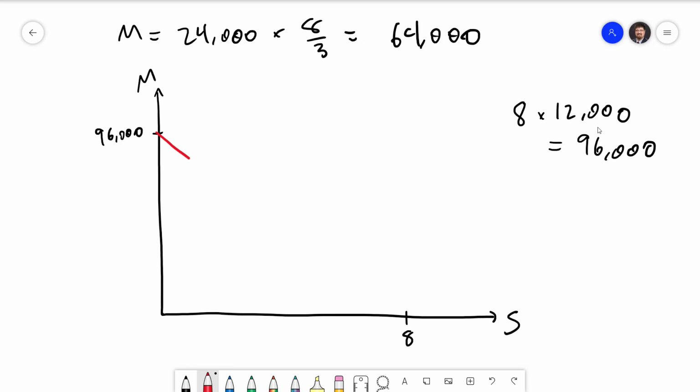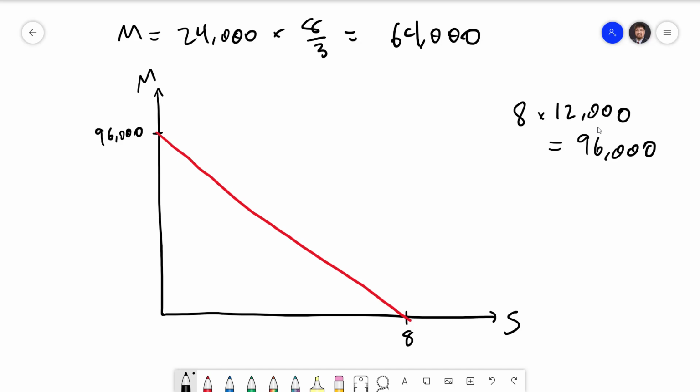Use a red line to draw in our budget line. Note that there is now a trade-off between shirking and income, unlike with the fixed salary, which gives us our triangular-shaped budget set just like we had before in consumer choice problems.